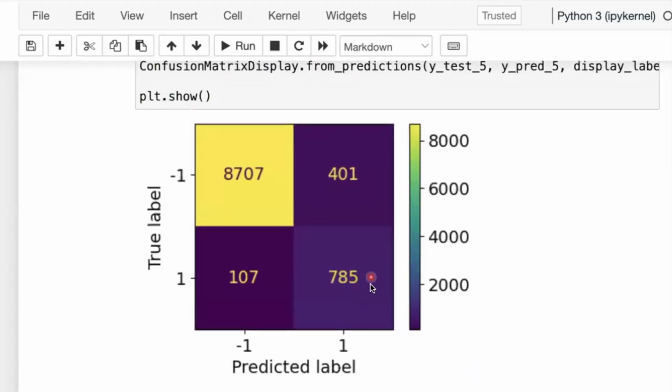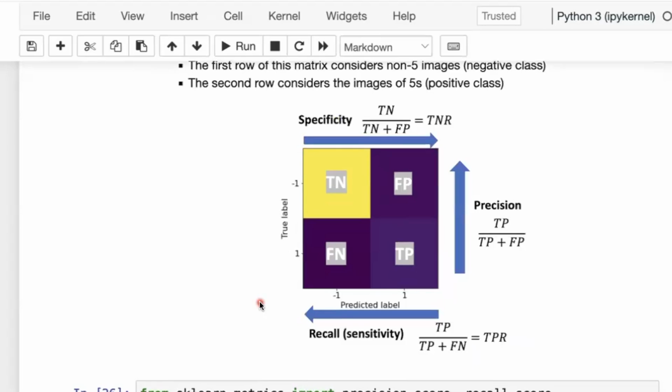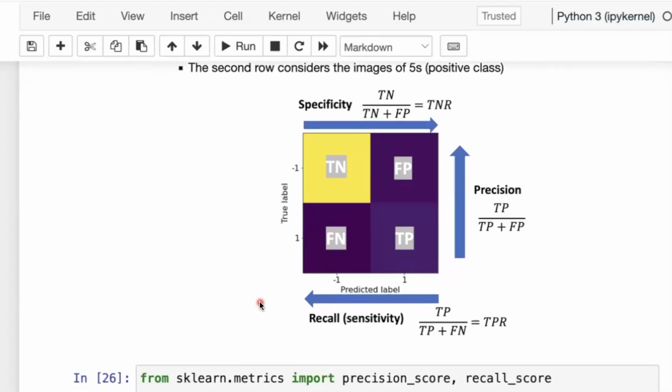If we compare 401 to 785, that seems to be a pretty significant number. Whereas if we look at recall, which is 785 over 785 plus 107, this is significantly a better score because the number of false negatives here is smaller.